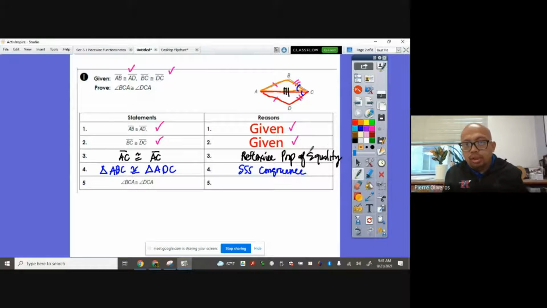Now we have proven the two triangles are congruent. Then we can jump to any of the parts of the orange and the red. The corresponding parts of those will be congruent using CPCTC, which stands for corresponding parts of congruent triangles are congruent. So here we can say that BCA is congruent to DCA using CPCTC. Kaboom.